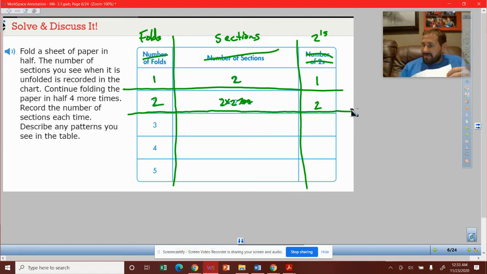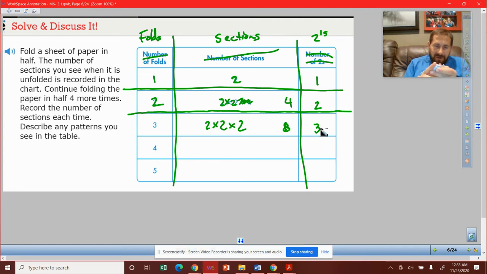What it really was, three folds gave me 2 times 2 times 2. So I can write over here, this gave me 4, this gave me 8. 2 times 2 is 4, and then 4 times 2 is 8. So how many 2s do we have? Three.